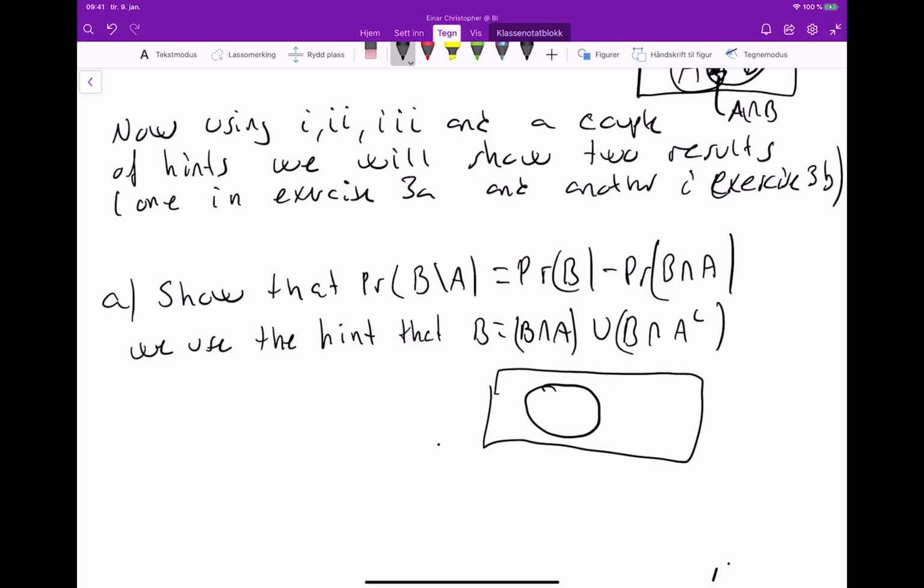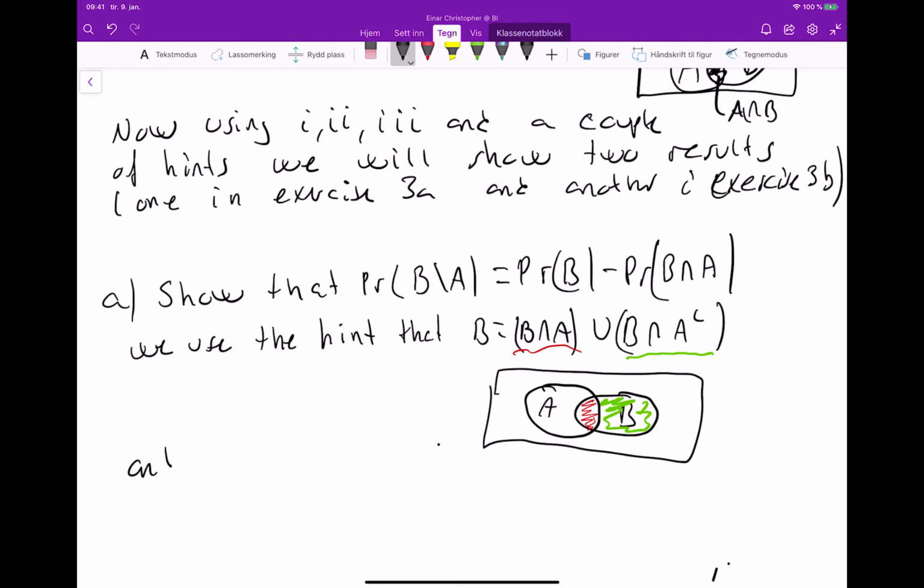If we got A here and B here, we can see that if we let B and A be red, so this is B and A, and if we let B and A complement be green, so where is B and A complement? That's this one, and we can see that the green and the red together gives B. So that's the hint.